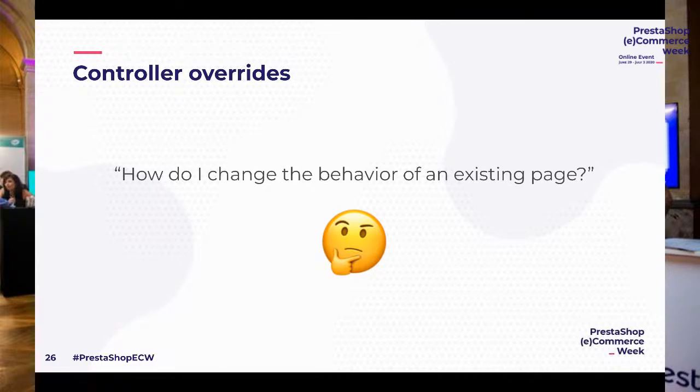The first one, the most known one probably, is using hooks. Hooks are deeply rooted usually in PrestaShop code, and they provide a limited leeway, a limited liberty in whatever you want to do.